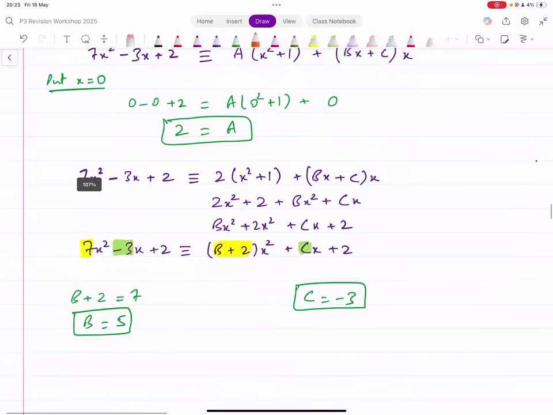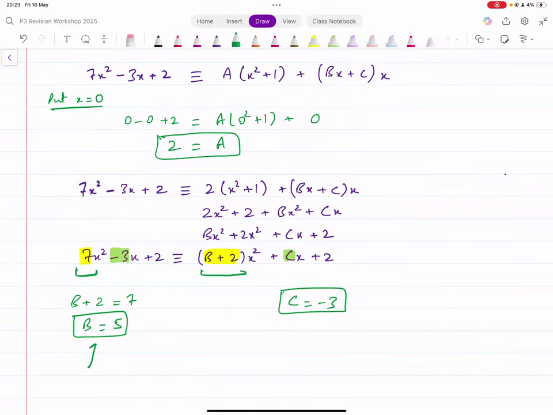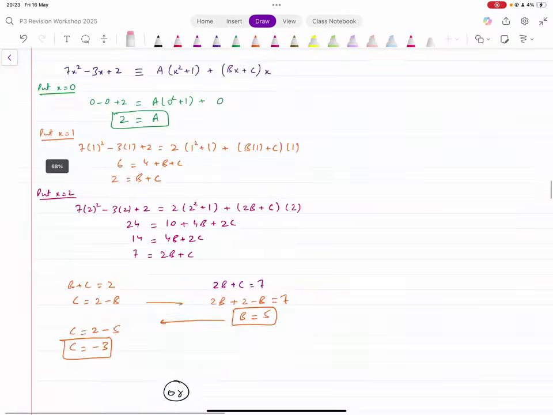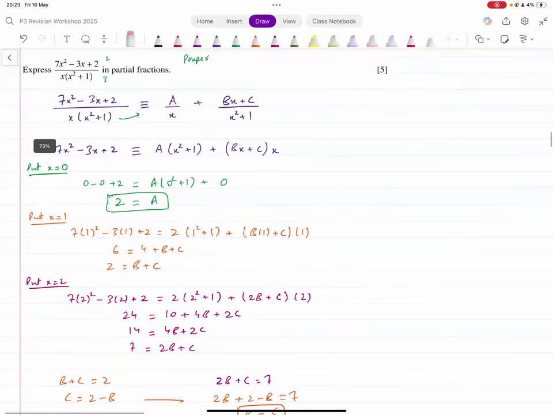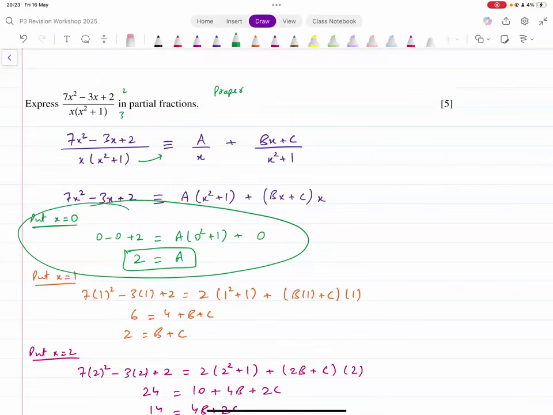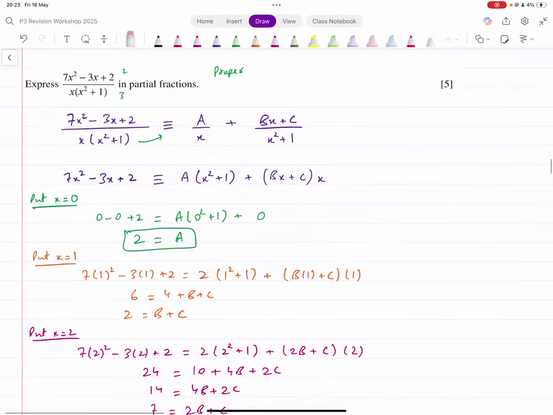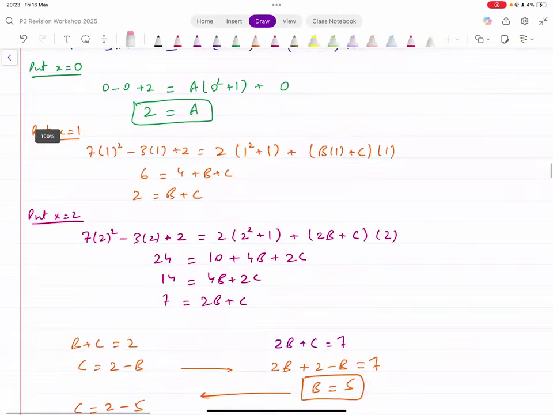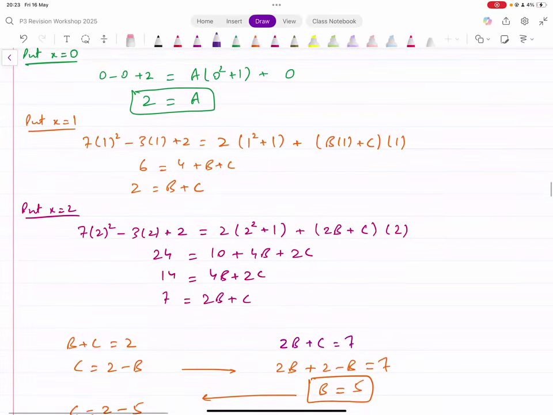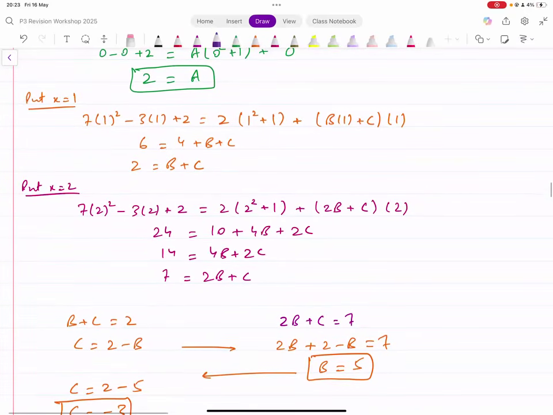Compare the coefficients of x squared, that gives you the value for b. Compare the coefficients of x, that gives you the value for c, and that becomes much quicker as compared to solving that simultaneous equation. So this is what I would recommend. This is the general method that you use in every single case, inputting values of x like this. In some rare case, it doesn't happen very often, very rare, you end up having to solve simultaneous equations because you cannot eliminate the variables.